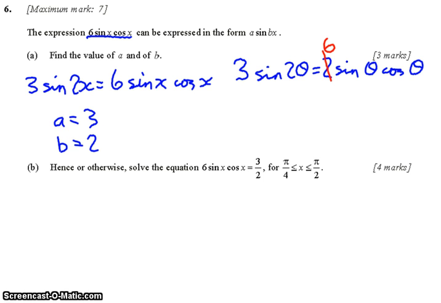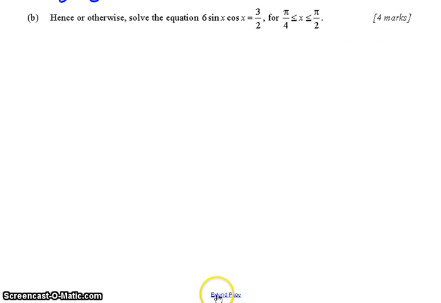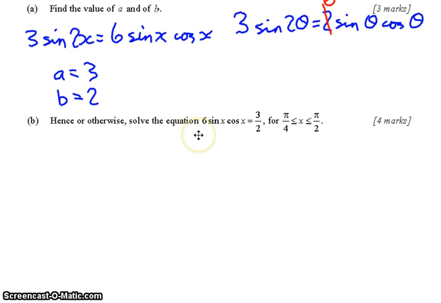That was mainly just leading you into part B, which was a little bit more technical and did require your good knowledge of your angles, particularly with regards to radians. So hence or otherwise solve the equation 6 sine x cos x.